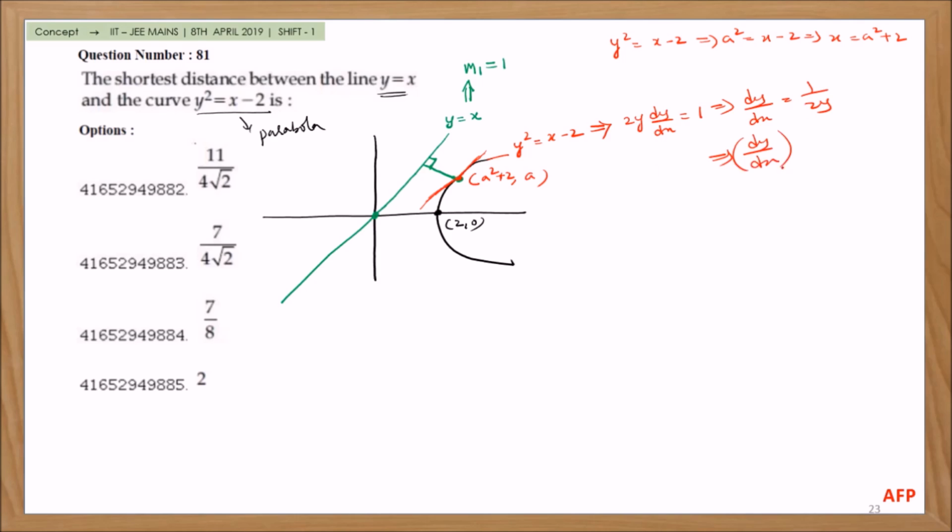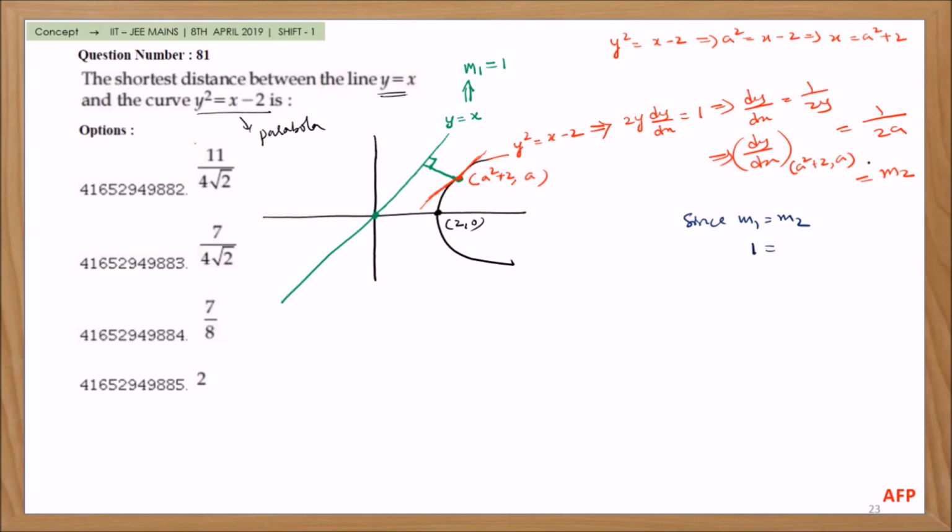Dy by dx at (a square plus 2, a) is nothing but 1 divided by 2a, as we have substituted a in place of y. We will take this as m2. So we know that m1 equals m2 because the tangent at this point and the line are parallel.